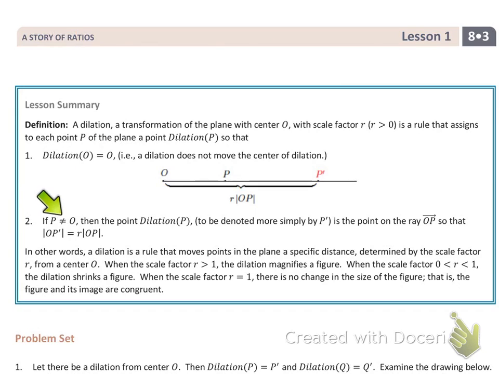If there's a point P that's not the center, then the dilation of P, and we're going to call it P prime, is a point on the ray OP, so that OP prime is equal to R. The distance from O to P prime is equal to the scale factor times the distance from O to P. Okay, so those are the things we talked about. So we use this mainly when we talk about the definition of dilation. This is the heart of it, that we multiply by the scale factor to find the location of the dilation of point P.